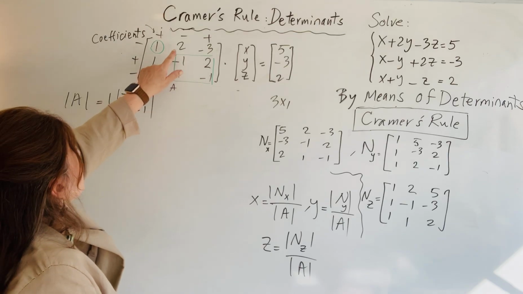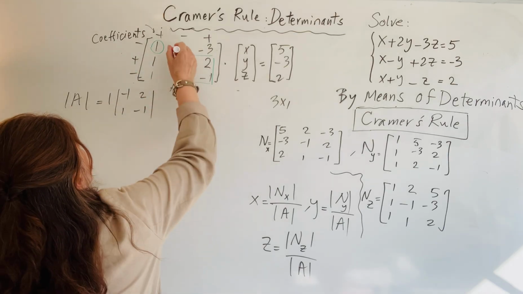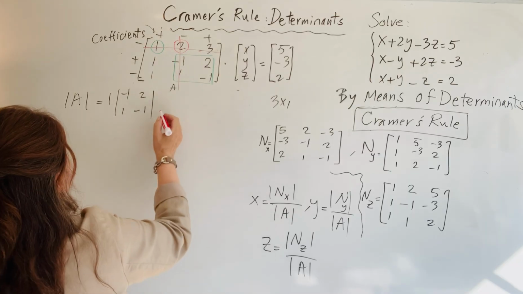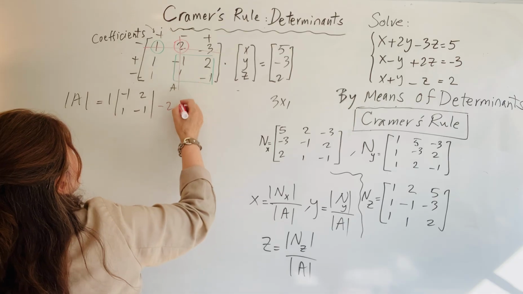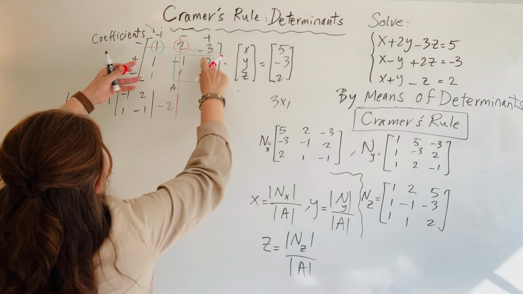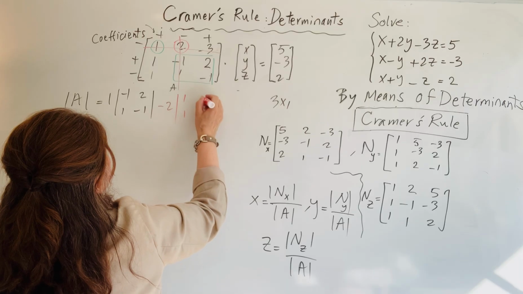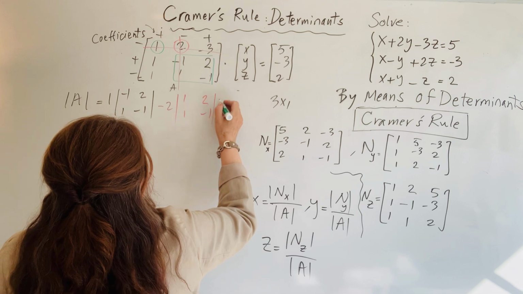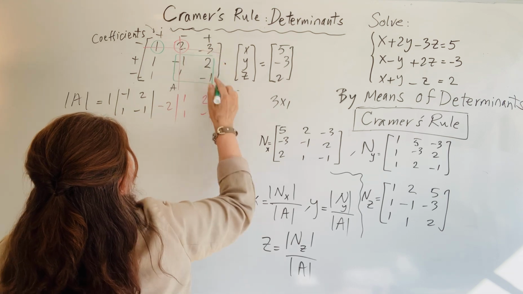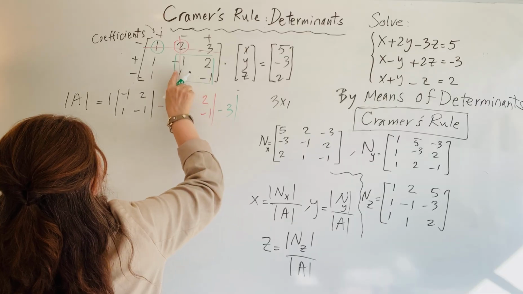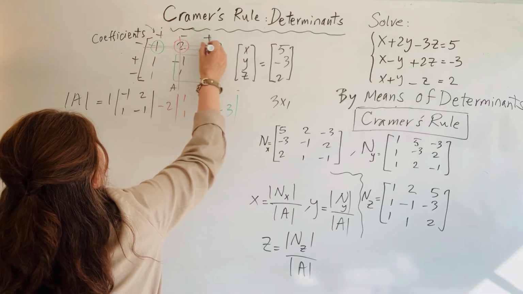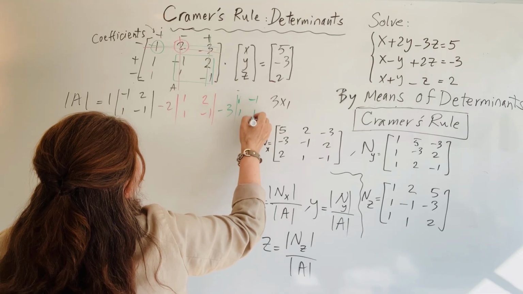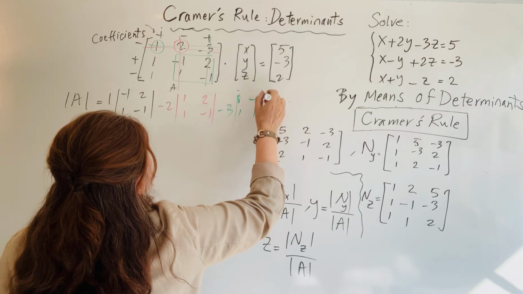The next one is negative 2, because this sign is negative, times the determinant of 1, 1, 2, negative 1. The last one is plus, but this entry is negative 3, times the determinant of 1, negative 1, 1, 1.